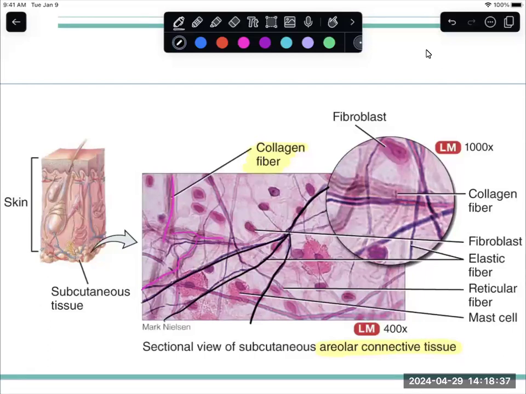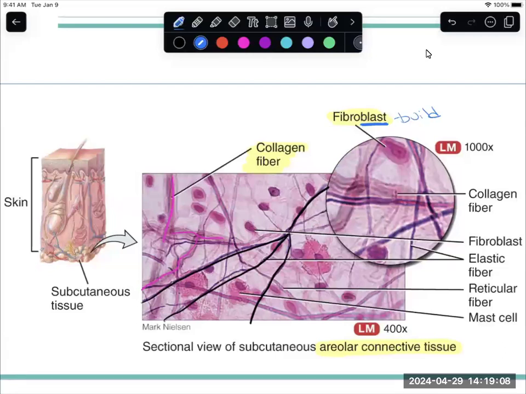They have these cells that are called fibroblasts. Anytime we see blast in a word, blast means they build something. So a fibroblast is building this connective tissue, this areolar connective tissue.